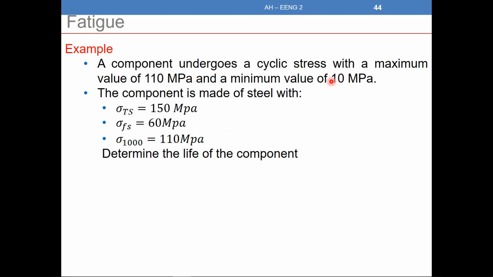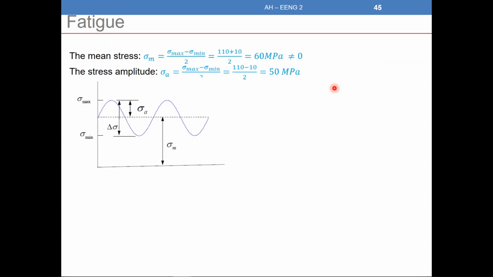If I have this alternating stress, 110 is maximum and 10 is minimum. The first thing to do is to calculate the mean stress. The mean stress is calculated as sigma max plus sigma min over 2. So 110 plus 10 over 2 is 60 megapascals, which means that the mean stress is not equal to 0.